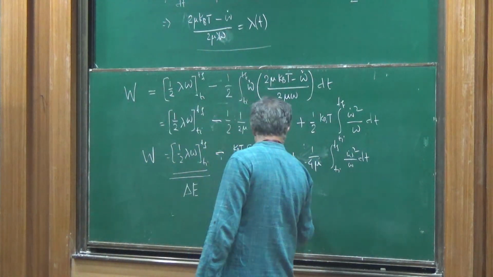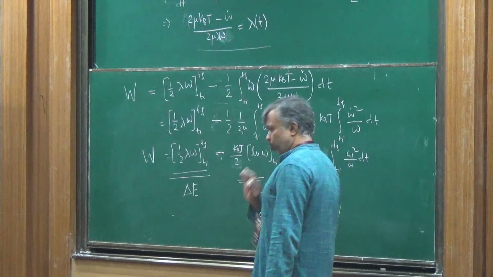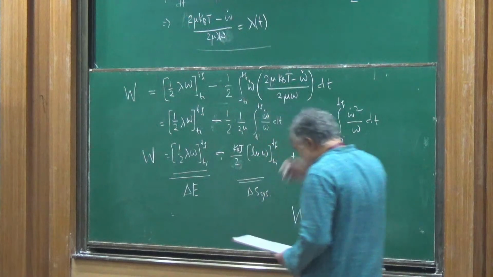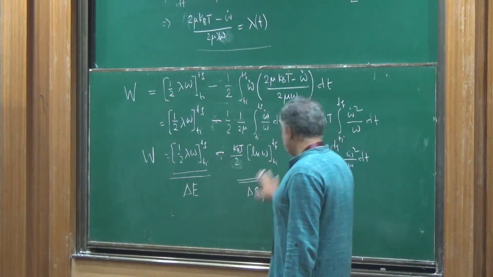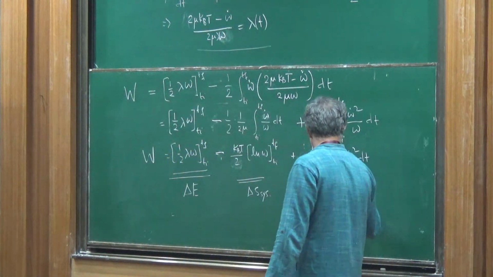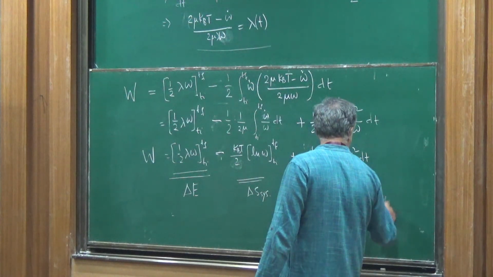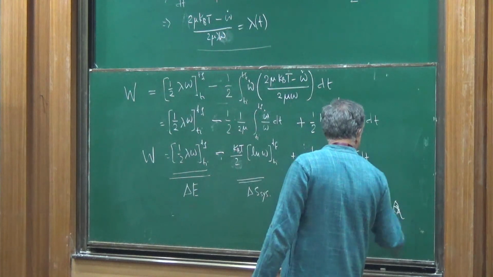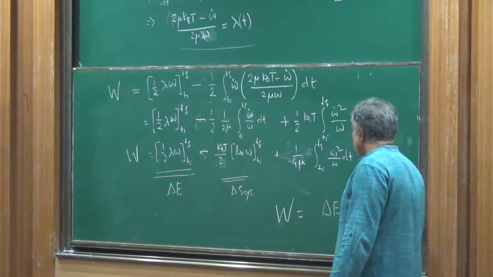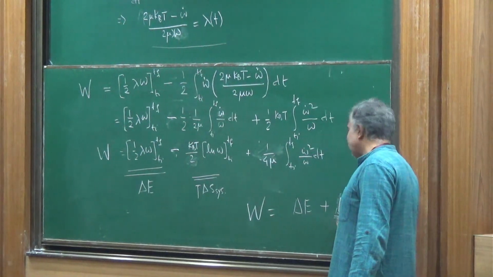Delta W is delta E plus delta Q. This is the system and bath thing, right?